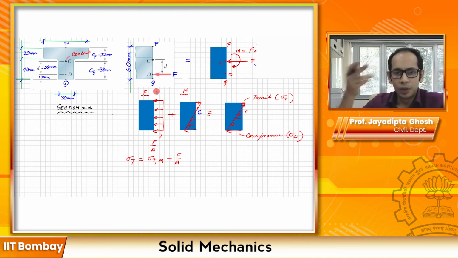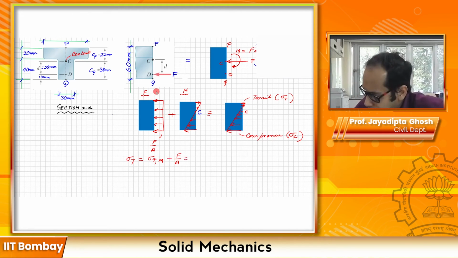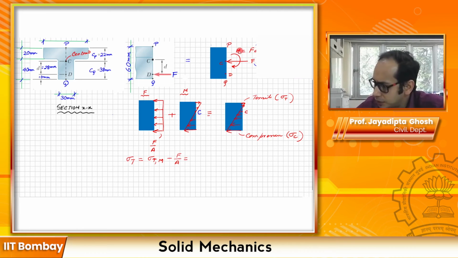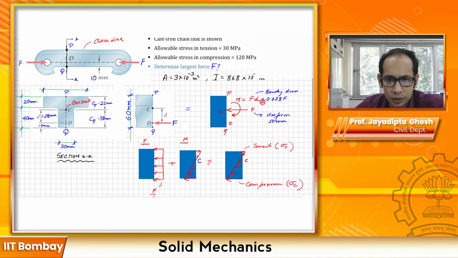Now if you plug in the numbers, what do you get for sigma tensile out of the moment? Sorry, I should scroll and show this moment over here.